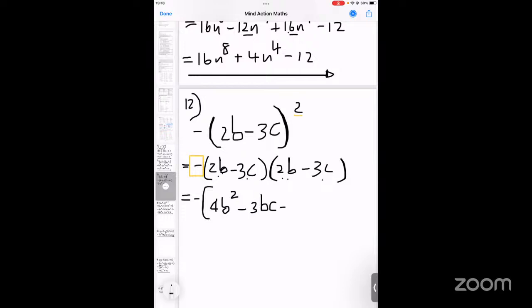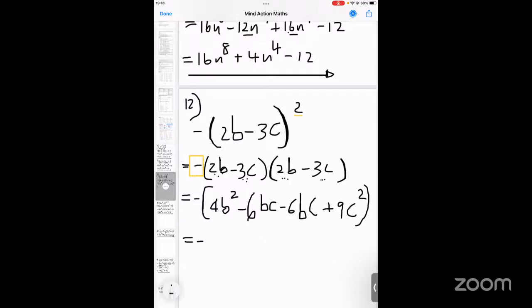No, it's 6. There it is supposed to be 6 because it's 2 times 3. Yes. Again, that by that, it becomes negative 6bc. Then you have c times c. That by that, it has to be positive 9c squared. I must just remember to close the bracket there.